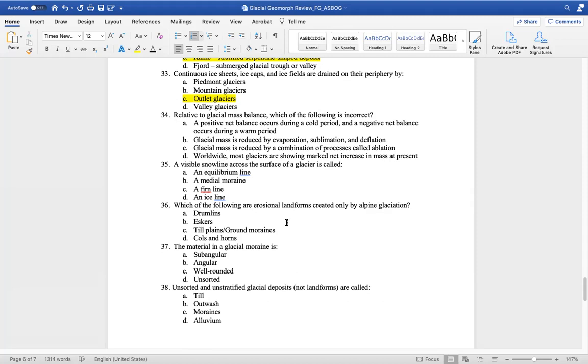Glacial mass is reduced by a combination of processes called ablation. That's the same thing as B, just different wording. Ablation refers to the removal of ice, an umbrella term for evaporation, sublimation, calving, deflation, and such. So D better be the incorrect answer. Worldwide, most glaciers are showing marked net increase in mass at present. They are absolutely not. Unfortunately, they're melting.